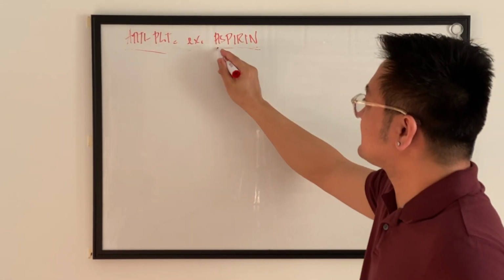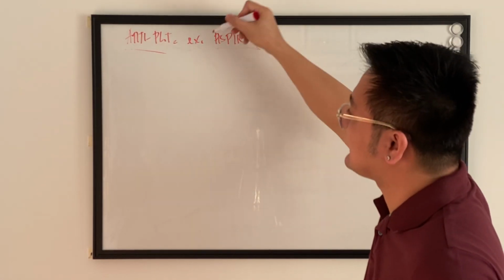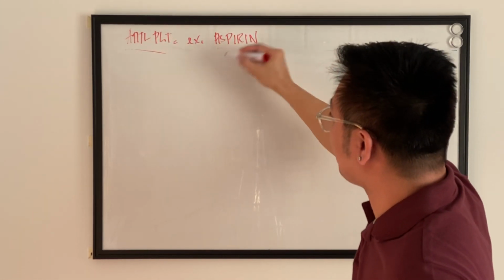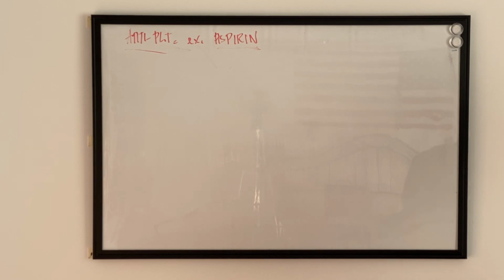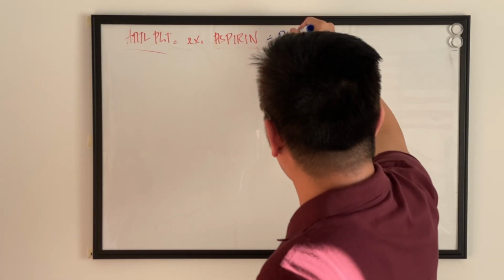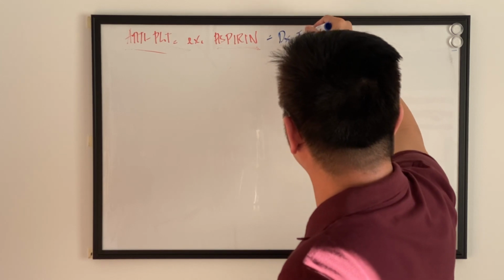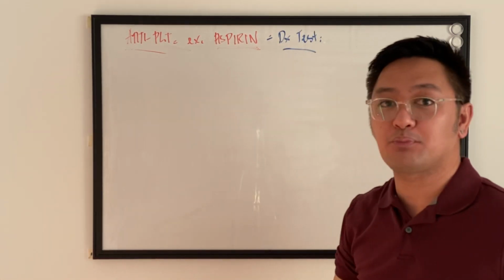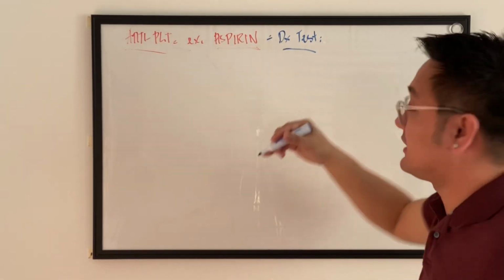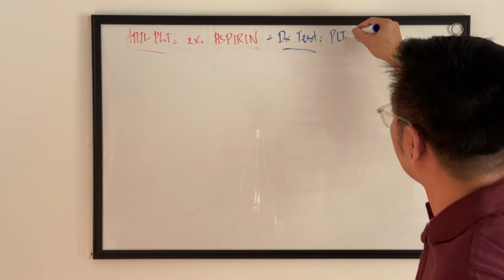Okay? If the patient takes aspirin, okay, since it's an antiplatelet drug, what do you think is the best test? Okay? What do you think is the best test? The best diagnostic test that will evaluate the therapeutic level of your aspirin with respect to your antiplatelet effect. Of course, that is your platelet count.